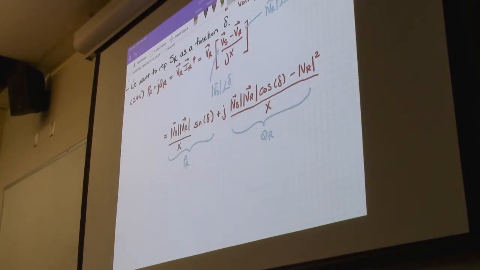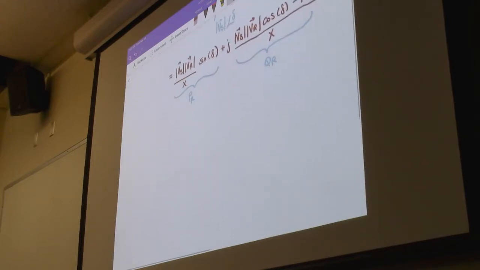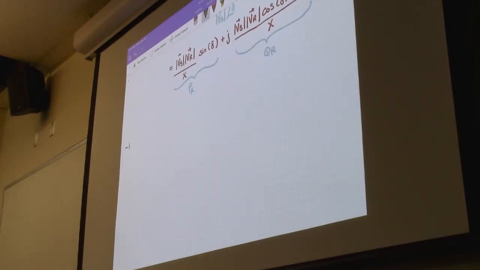Okay, so now, next question. What's the maximum value of real power that we can transmit along that line?